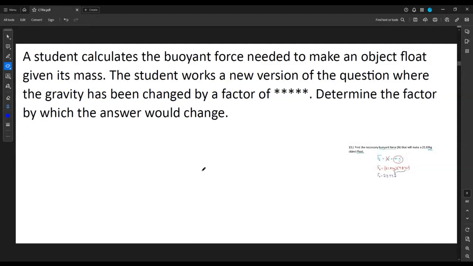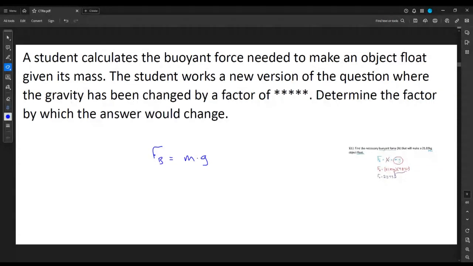But if it's the right ratio of mass and volume, then it can float on top of water. Okay, so in most of these questions, you're not going to know the weight of the object directly, but we've learned and used in a few different places that weight can be found by taking mass times gravity. So buoyant force can be mass times gravity.